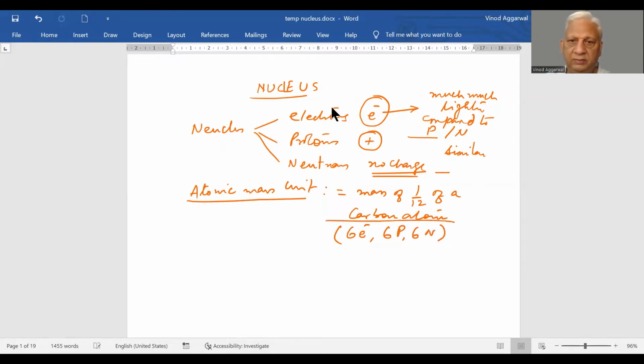Together, whatever is the mass, 1/12 of this mass is called one atomic mass unit. So all these constituents are weighed in terms of atomic mass unit, also known as AMU, or in short it is simply written as U.